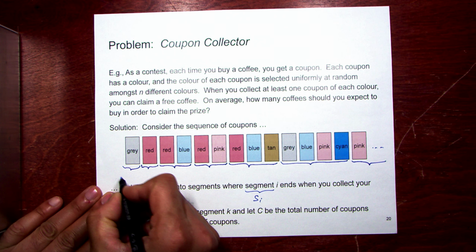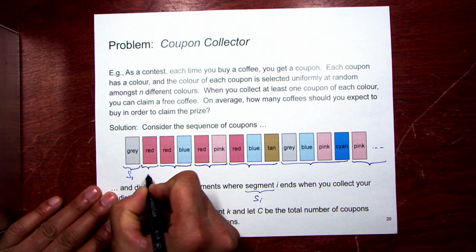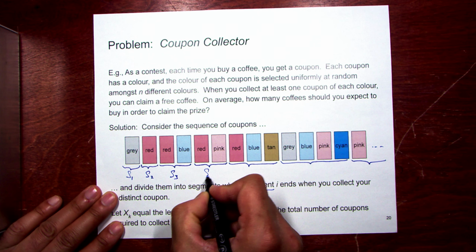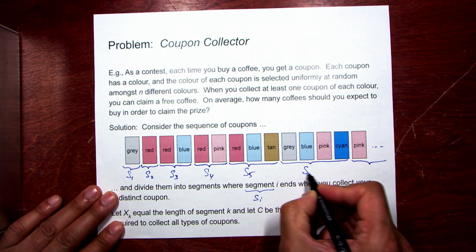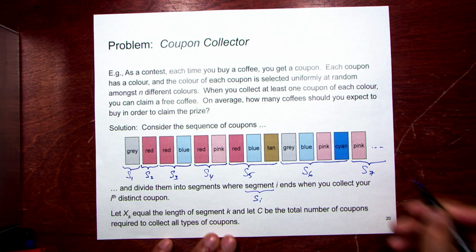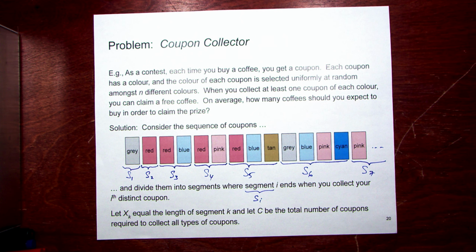So here's segment 1, this is segment 2, which ends after 1, segment 3 takes a little longer, segment 5, segment 6, you've collected 6 colors then, and segment 7 will end somewhere down the line. By breaking up the problem into these pieces, it's going to be more manageable. And we're going to take the sum of all those segments. That's how long it's going to take for you to accumulate everything.